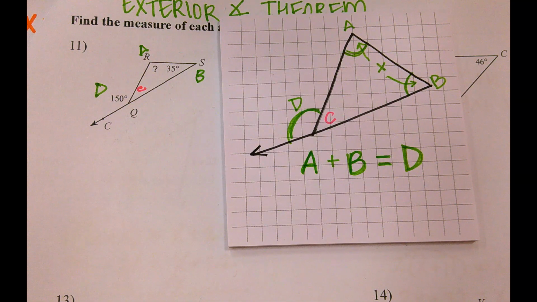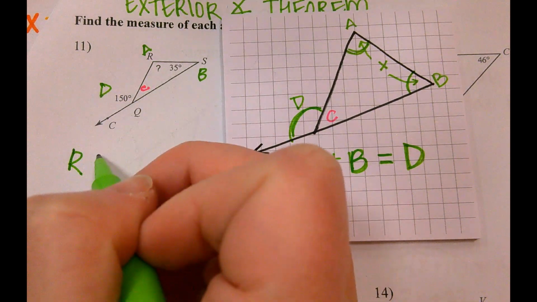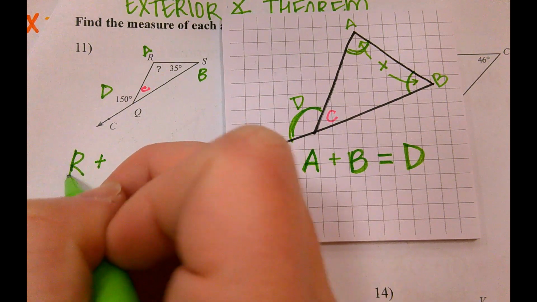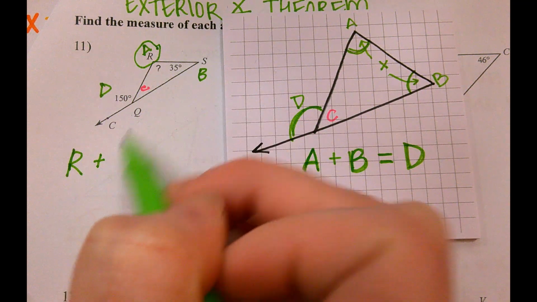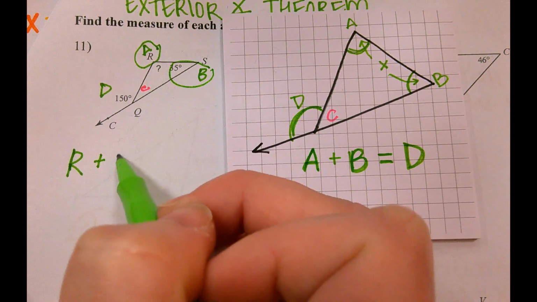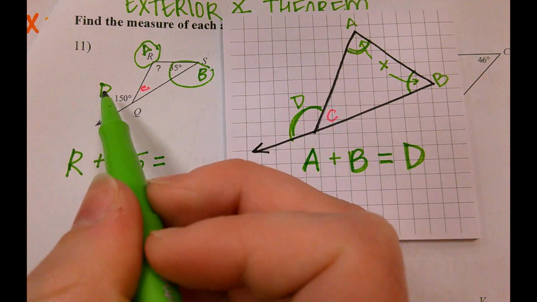Well, your A has a question mark. Okay, Kelsey, you go ahead. You started first. R plus 35 equals 150. Yes. R, which is like our A, plus our B is like 35 equals D. Our D is 150.